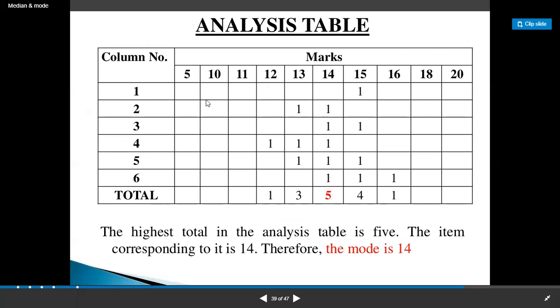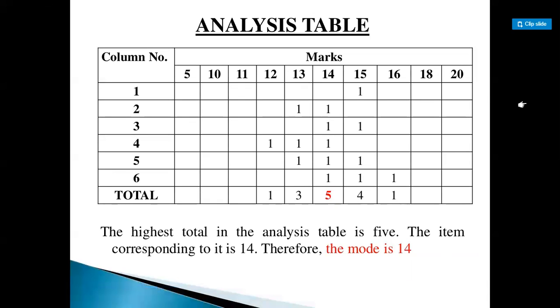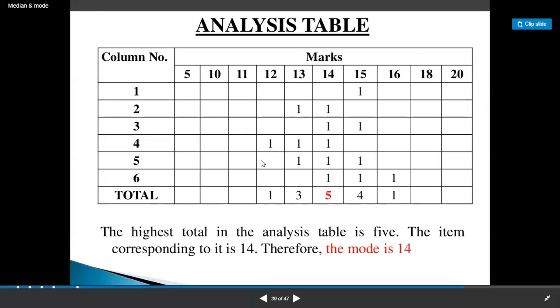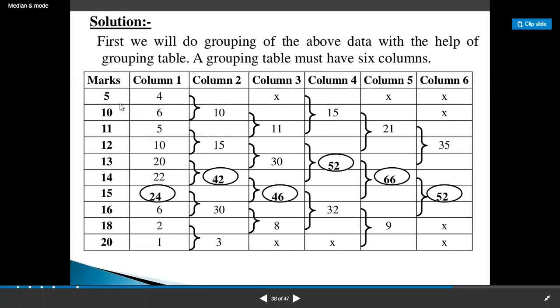In the first column, all the items are there, but the highest figure is 15, so we put a mark 1, a tick mark, there. In column number 2, the biggest figures are 13 and 14, which come continuously.